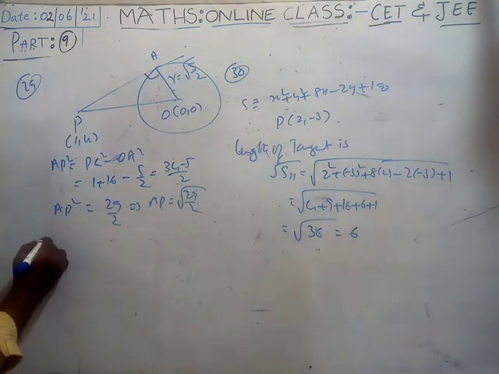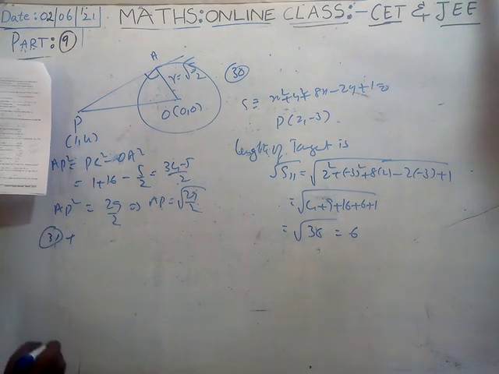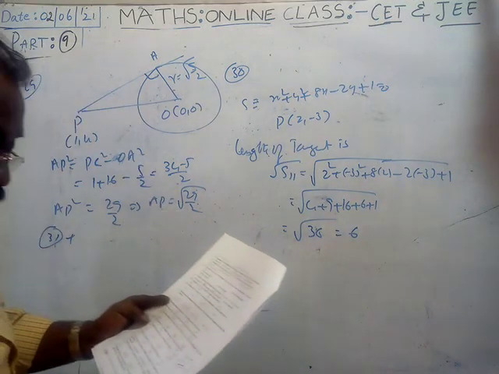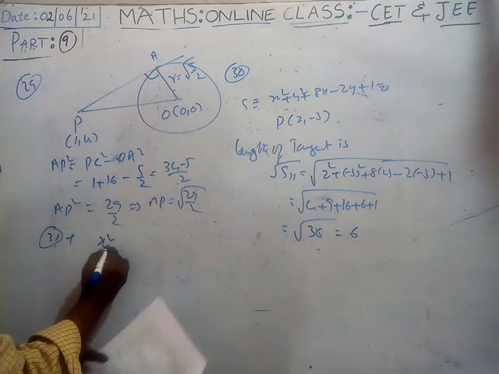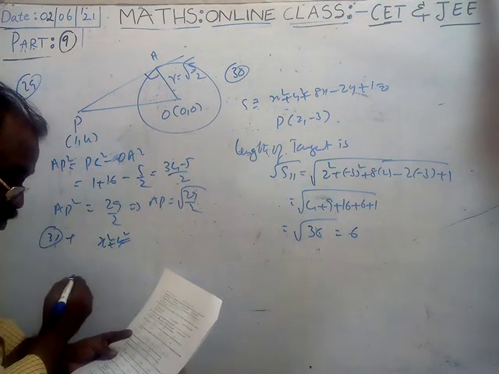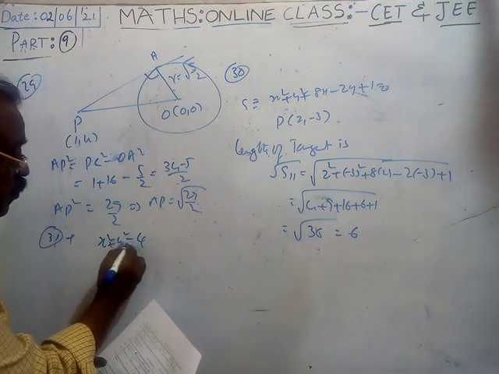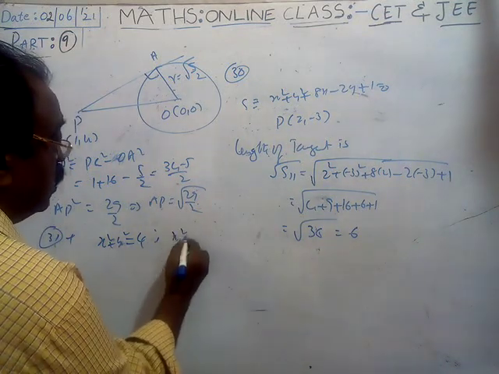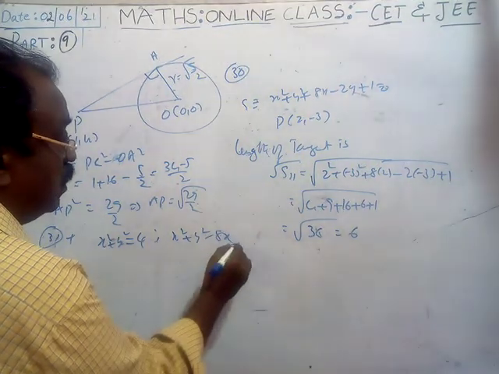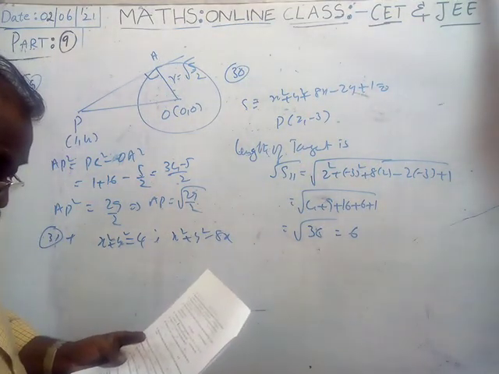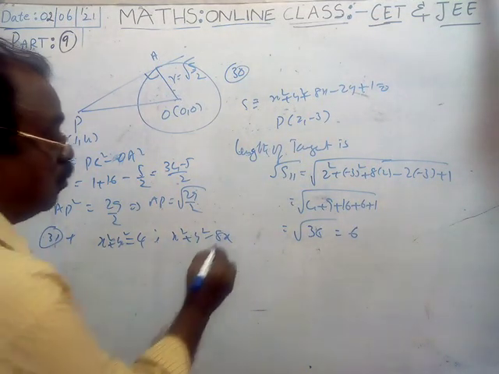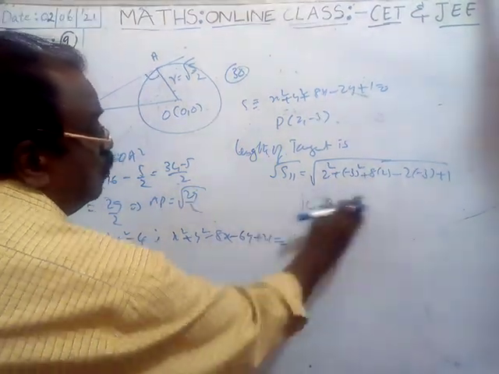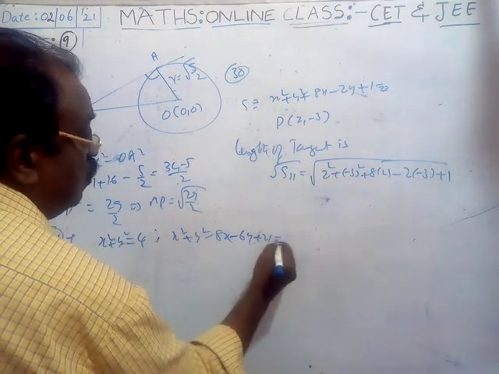Next, 31. The locus of the point from which the tangents to the two circles x² + y² = 4 and x² + y² − 8x − 6y + 21 = 0 are equal.